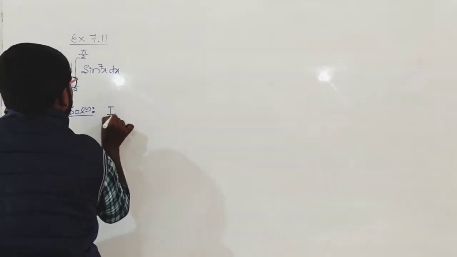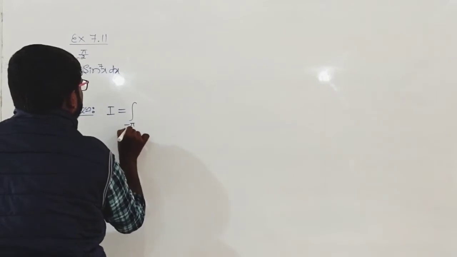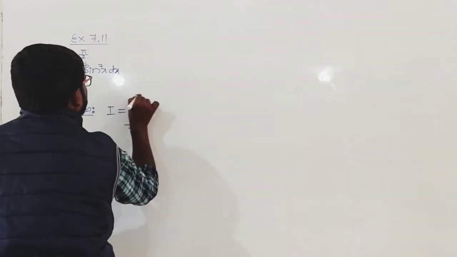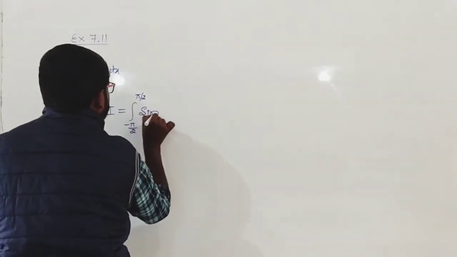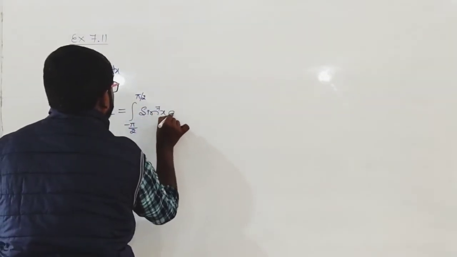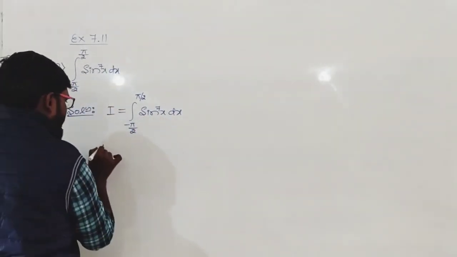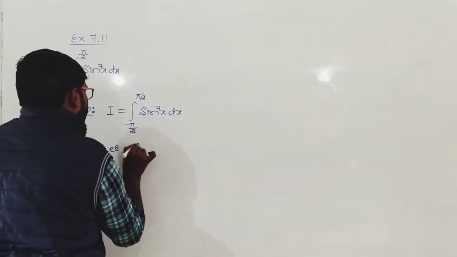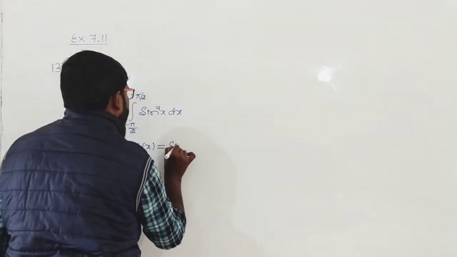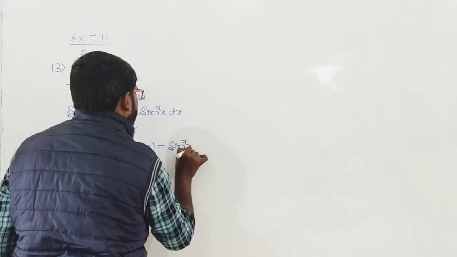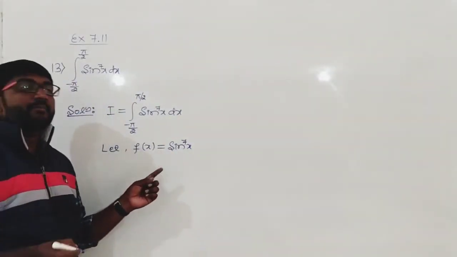I is equal to integral minus pi by 2 to plus pi by 2, then sin raised to 7x dx. So I take this as f of x. Let f of x be equal to sin raised to 7x. Now to check even or odd function, we have to replace x by minus x.